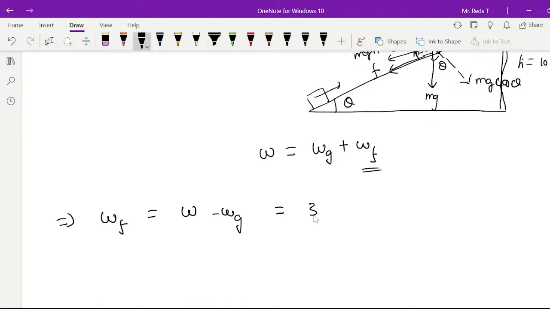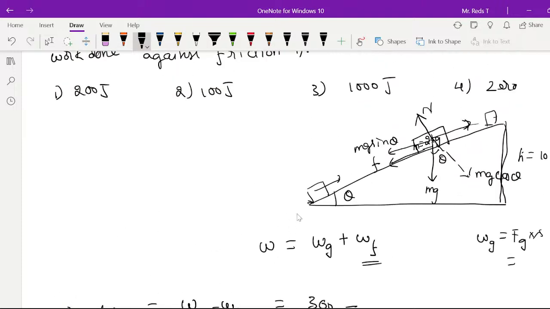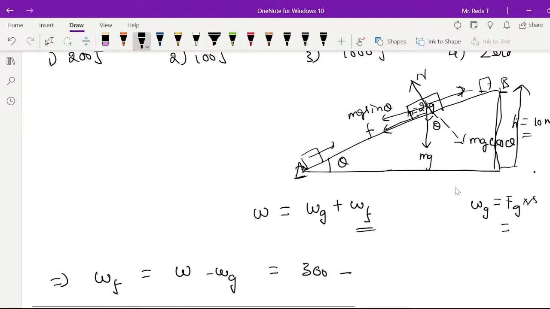Work done by net force is given as how much? 300 joule, and so minus work done by gravitational force. Work done by gravitational force is equal to gravitational force into displacement. Displacement in this case, when it is moving from point A to point B, in the vertical direction, you have to take the vertical displacement, that is nothing but height.